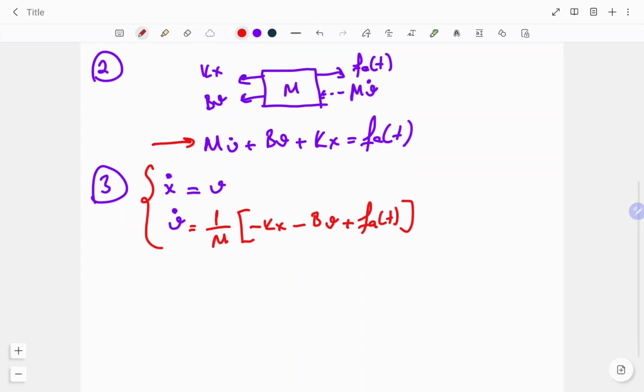In addition to that, for the further analysis part, we should determine our outputs and write our output equations. Before the output equations, for the state variable equations, on the left side we have the first derivative of the state variables, but on the right side we have to see only state variables, x, v, and the input.